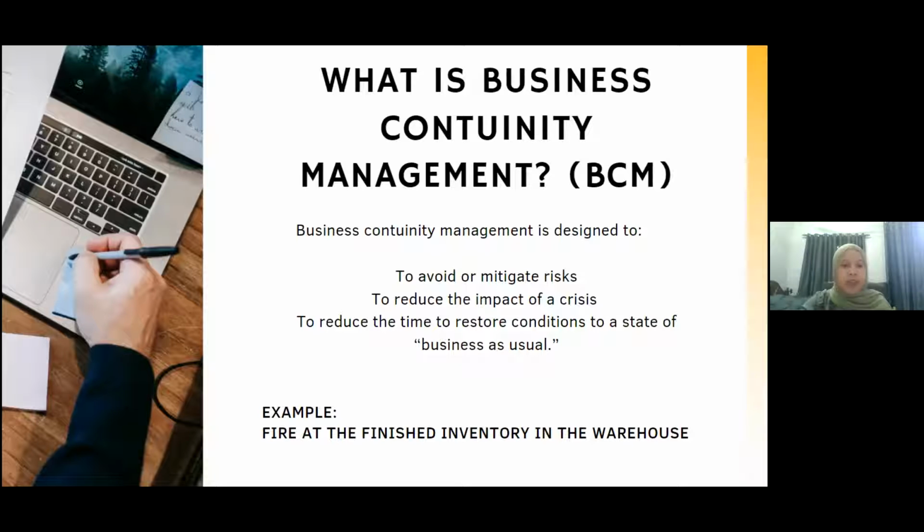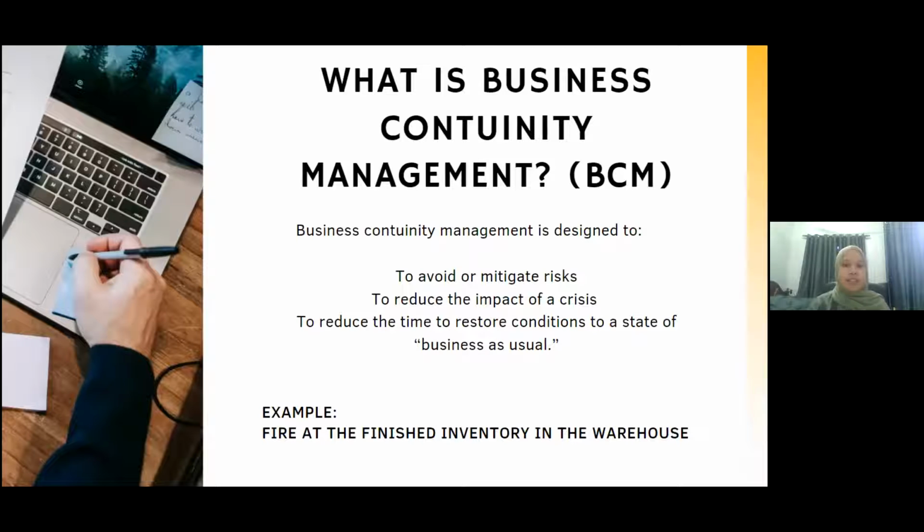Okay, so there are many examples of risk, but I will explain about fire at the finished inventory in the warehouse. So how does BCM work for the example? First, in BCM, we plan how to avoid fire happening, such as the company or organization can plan the fire safety, such as putting a fire sprinkler system, which contains a water supply, at the warehouse.